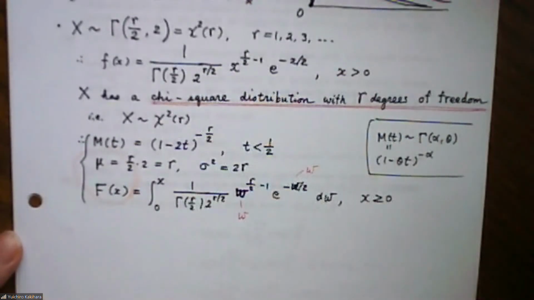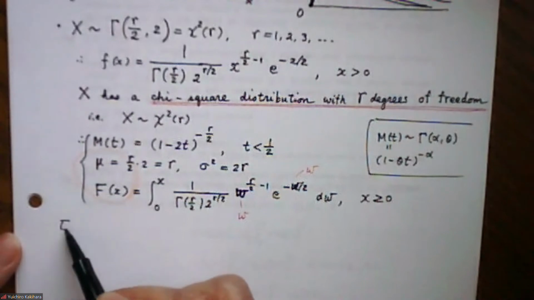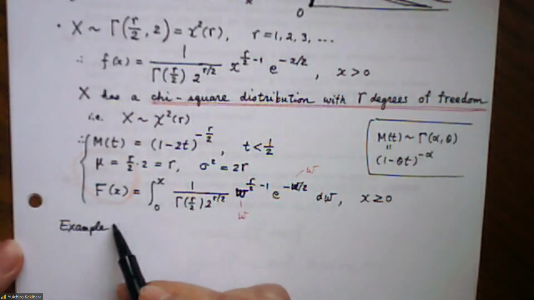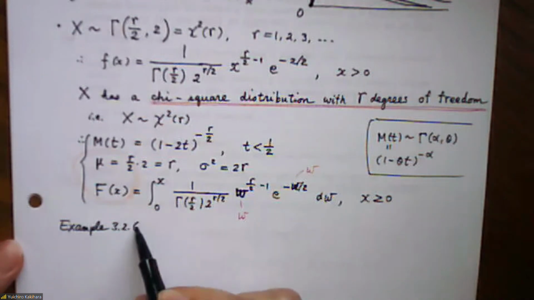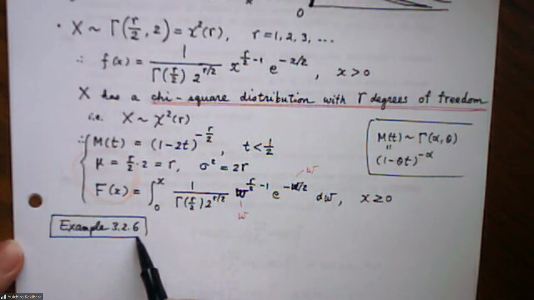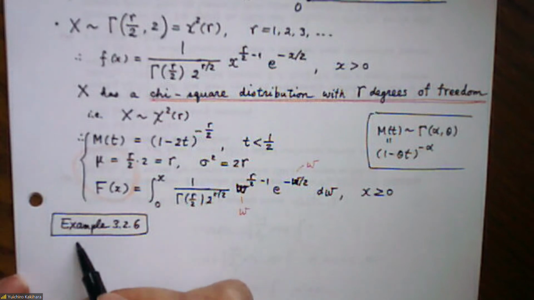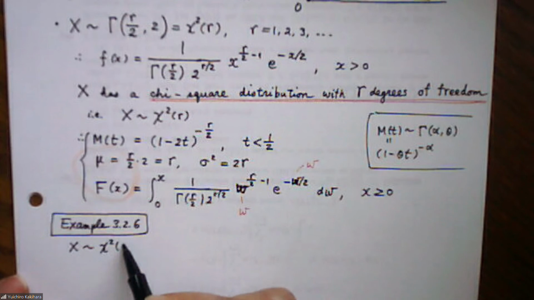Okay, so example 3.26. X has the chi-square distribution, and the degree of freedom is 5. This is given.